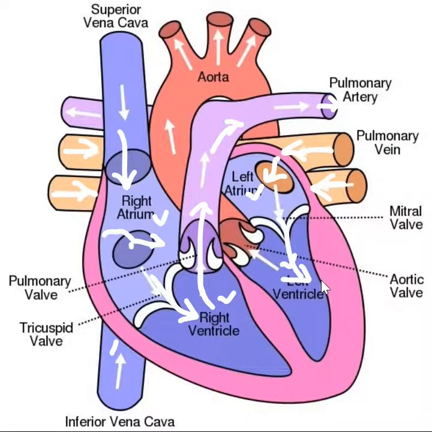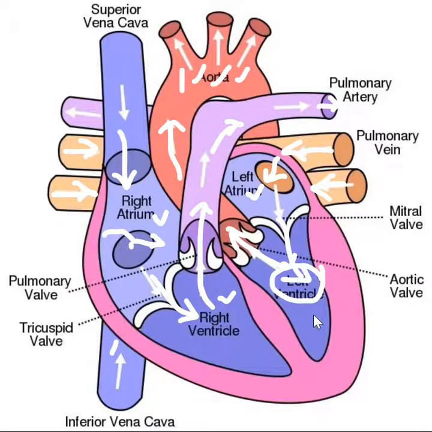Whereas the left ventricle pumps oxygenated blood to aorta. This is the largest blood vessel which supplies blood to all the body parts.